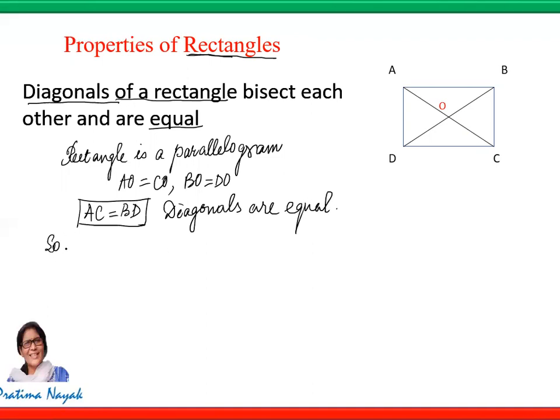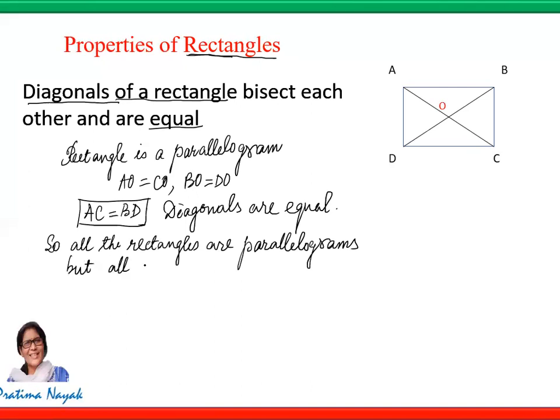So I'll conclude this: all the rectangles are parallelograms, but all the parallelograms are not rectangles. For rectangles, the property should be that diagonals are equal.